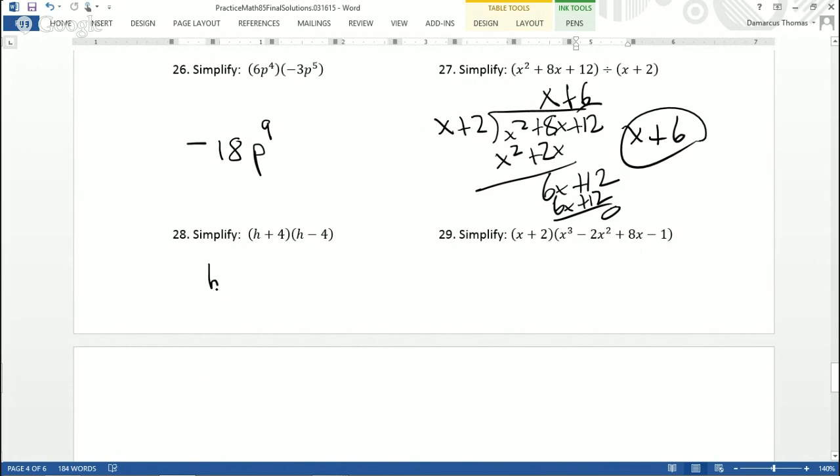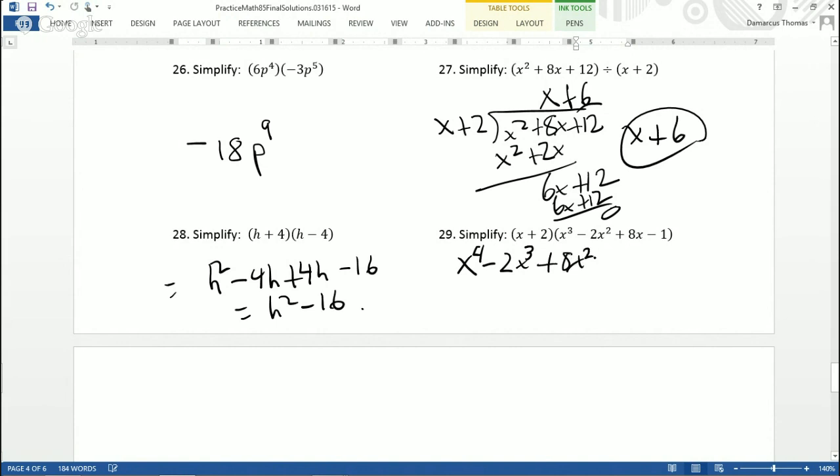FOIL, h times h. H times 4. 4 times h. 4 times negative 4. Same thing here. Distribute your x. Distribute your 2.